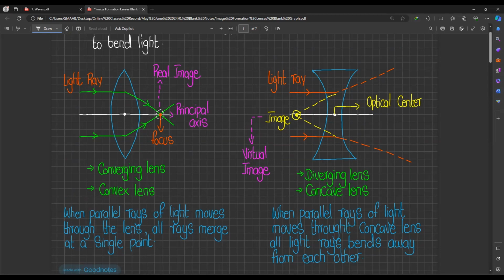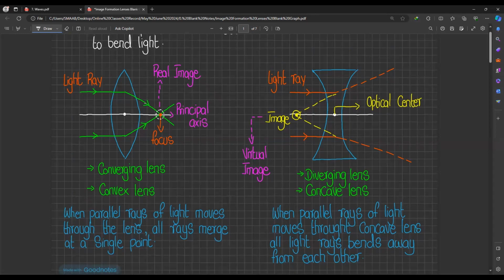Basically, in your exam it is not compulsory that you always make this type of shape for your lenses. If they ask you to draw the complete diagram, most of the time you will find they just draw a straight line, because now we understand the difference.